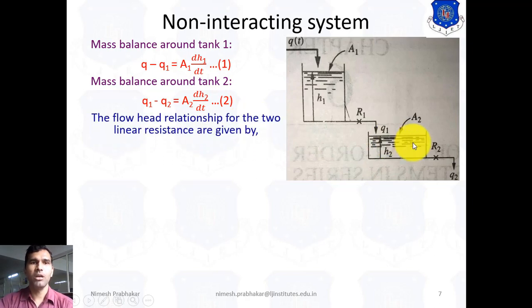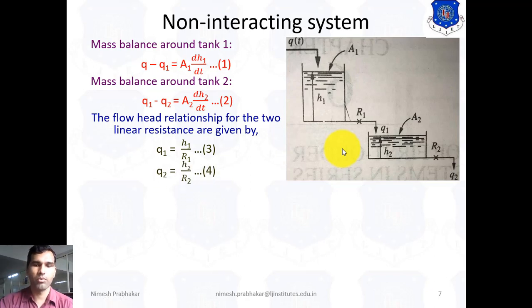Now the flow-head relationship for the two linear resistances: we find the relationship for R1 and Q1, and R2 and Q2. As we wrote in the liquid level system, Q1 is equal to H1 upon R1, and Q2 is equal to H2 upon R2.